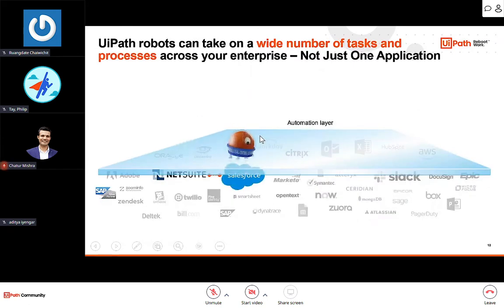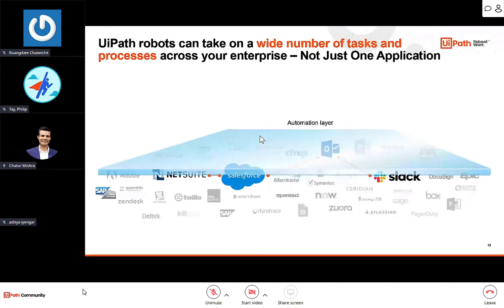Now, as you must be aware, UiPath tools work with any application. They don't have any tight coupling with any of these applications. They can completely sit outside of that, be agnostic of those applications. And if a human can basically interact with any of these applications using the UI, the bots can do as well.